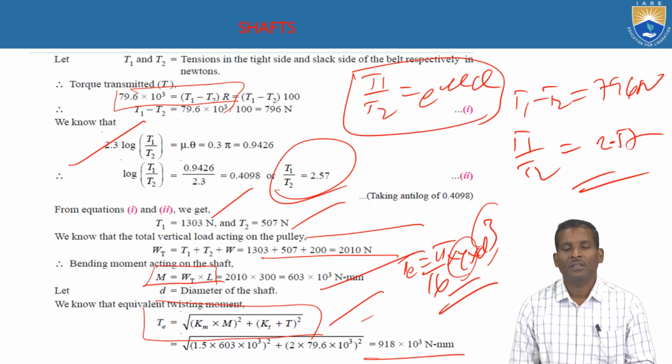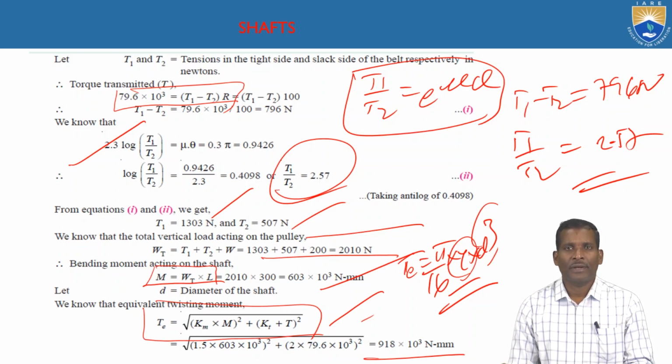So like this we need to calculate the size of the shaft whenever the shafts are subjected to shock loads. The important factors are bending load fatigue factor and then twisting moment fatigue factor.